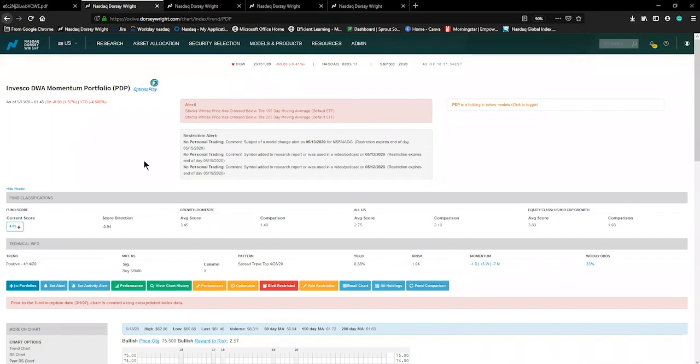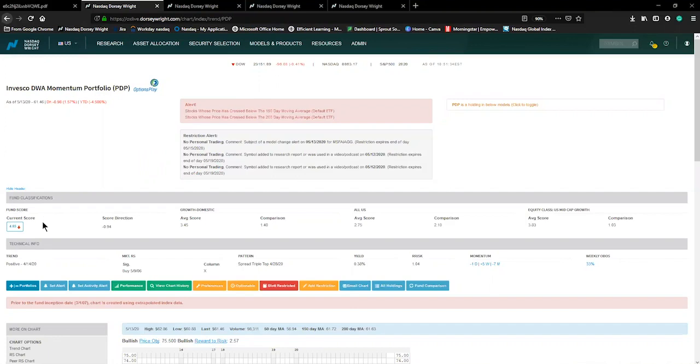Absolutely. Thank you for the color on that, Steve. I think that gives us all a really good intro as to what the Fund Score concept is based on and what we were seeking to accomplish when we set out to create it. For you all at home, when you are looking on the Dorsey Wright platform at any ETF or mutual fund on the system, the Fund Score is going to be located in the top left-hand corner of the fund's trend chart page.